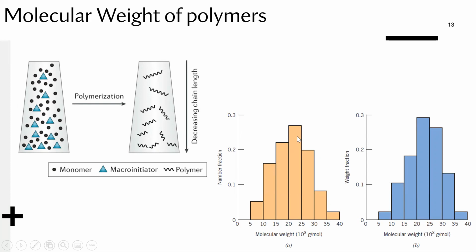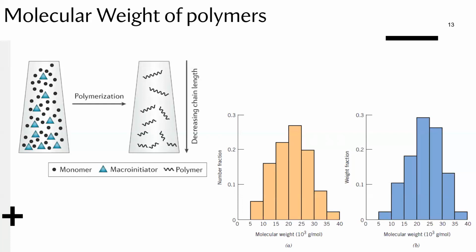Looking at this, you can tell that the majority of the polymers that you got after the synthesis fall in this 20 to 25 times 10 to the 3 grams per mole range of molecular weight. Similarly, you could have this for the number of monomers. For instance, maybe the majority of these are 100 monomers in length. We will talk about that also in a bit.